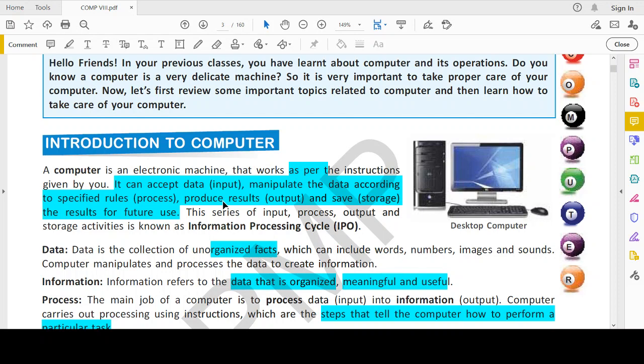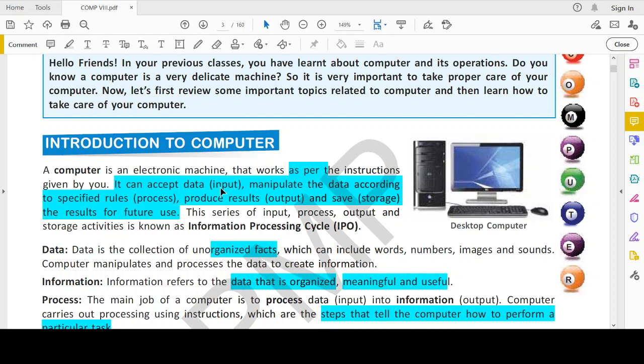Okay, so let's begin. What is a computer? A computer is an electronic machine that works as per instructions given by you or given by us. Who are we? We are the users. The computer works according to instructions given by the user.